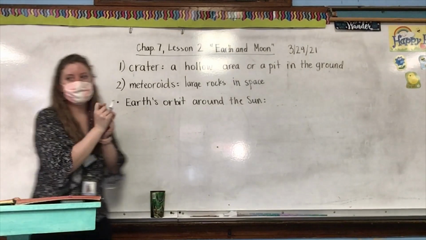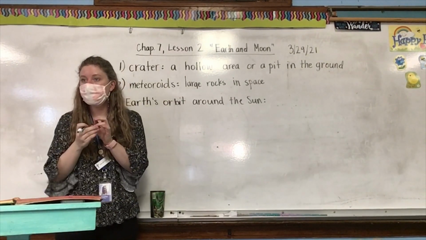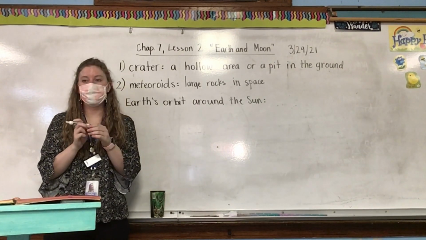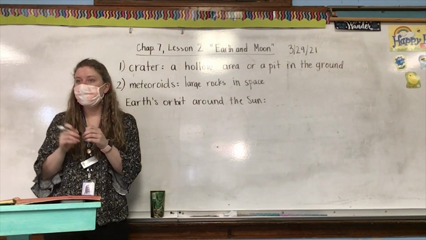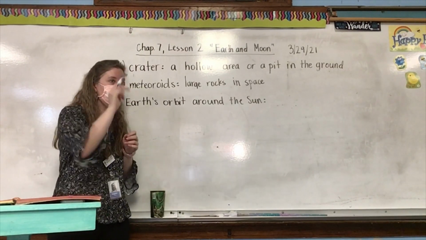How long is that? Michaela. Over 29 days. Nope. How long does it take for the Earth to orbit around the sun? Mason. 29 days. Nope. Carla.